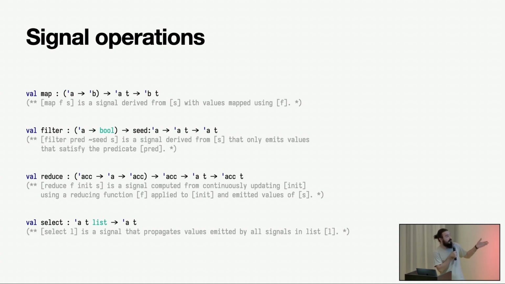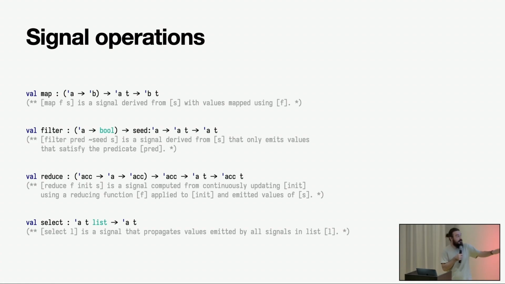Filter is interesting because we can't guarantee that the signal is ever going to have a value that satisfies our predicate. So we need to provide it a seed, like a placeholder value in case something doesn't work out. Reduce is like a time machine, because it allows us to look into the future, into the past, I'm sorry.